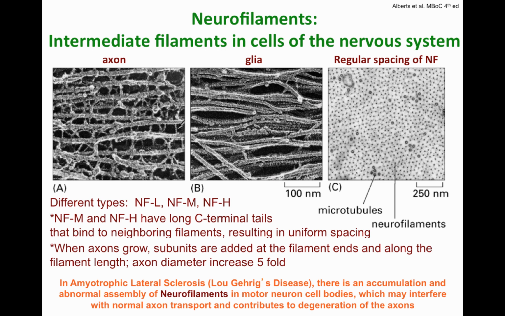Because there are problems with the neurofilaments, and they are accumulated abnormally, those neurons do not have the appropriate strength that they need for function, and therefore the appropriate transport of molecules along the neurons is impaired, which then results in the degeneration of the axons, which then leads to the loss of muscle control. So in that regard, the neurofilaments are very important to maintain proper neuron function.